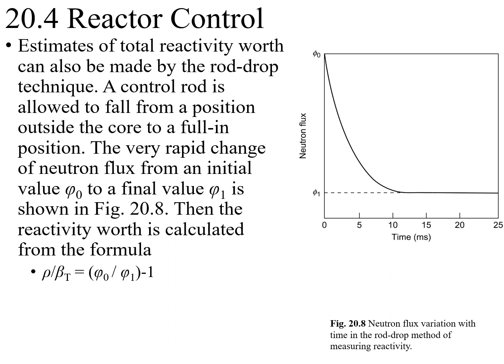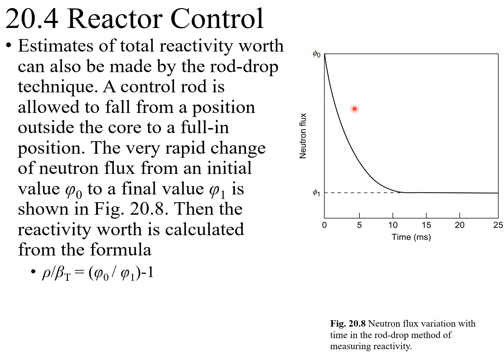So the total control rod reactivity worth can be estimated by this rod drop technique. So if we drop this control rod into the core from the fully withdrawn condition to the fully inserted condition, it will rapidly reduce the neutron flux in the core from phi_0 to phi_1.